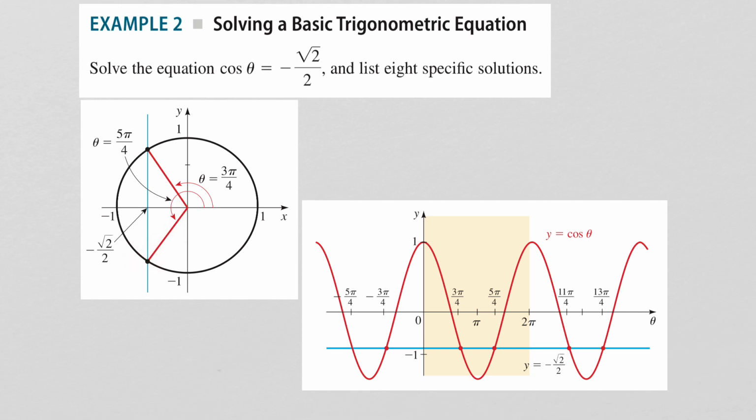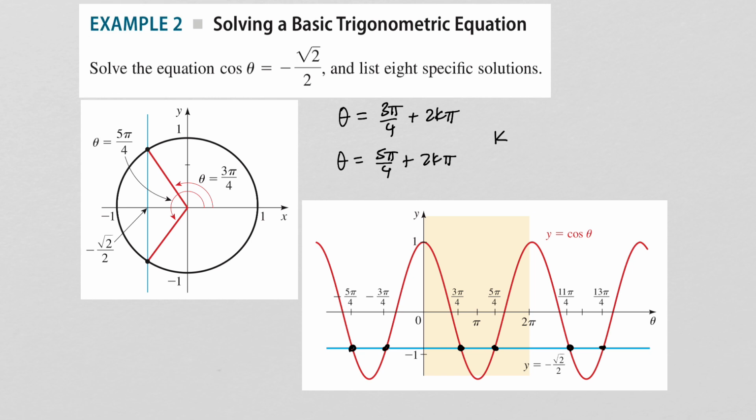So we have two sort of fundamental solutions, and of course you can look at those on the graph of cosine. These are those two solutions, but then of course there are infinitely more solutions as you move across this graph. So the fundamental solutions are going to be theta equals 3 pi over 4 plus 2k pi, or theta equals 5 pi over 4 plus 2k pi.